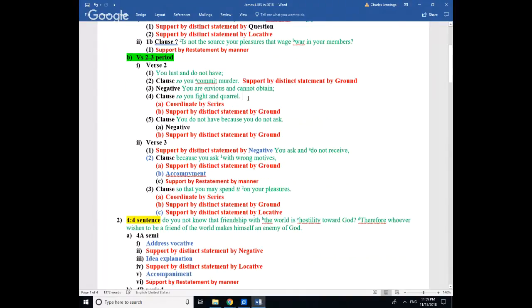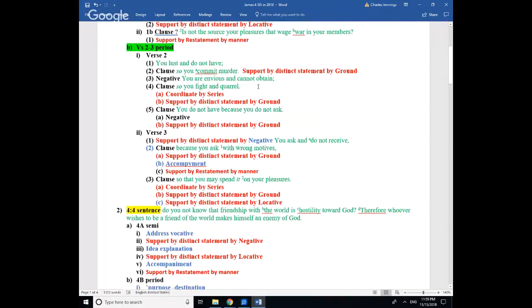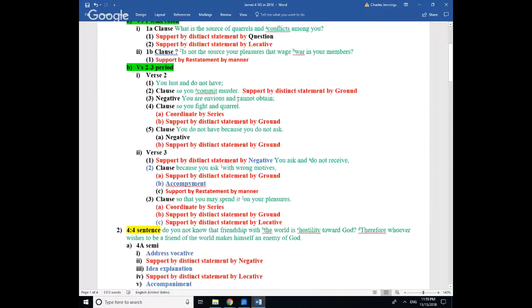But this is the point. They are quarreling because others have power. Okay. Power of words, wisdom. But this is the thing they understand: you are envious and cannot obtain.